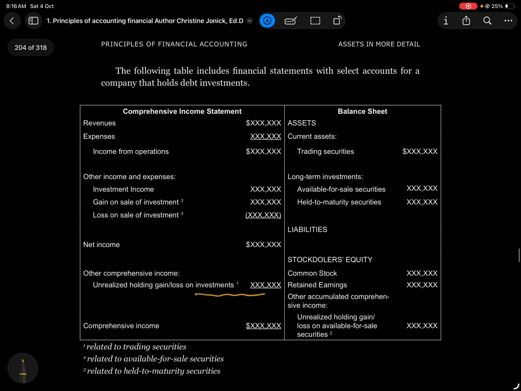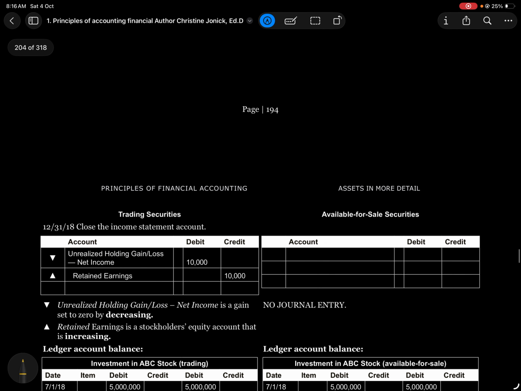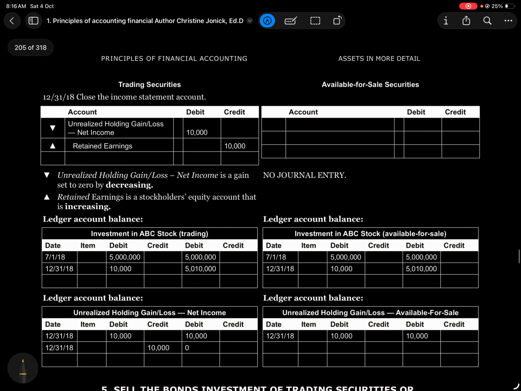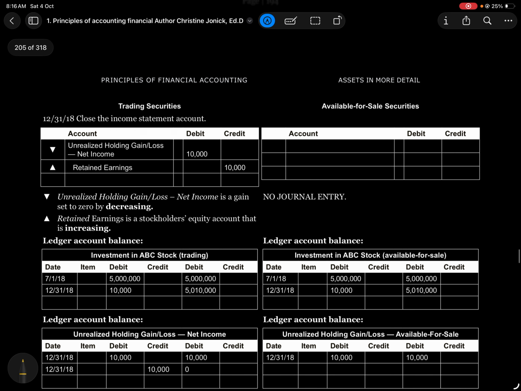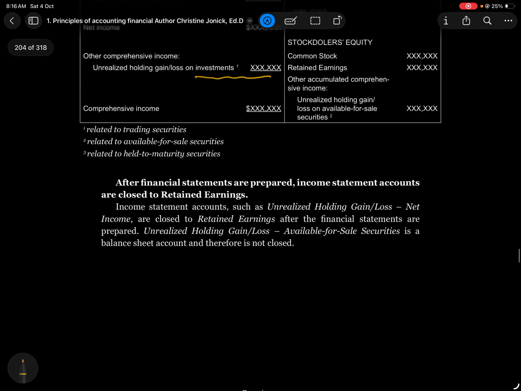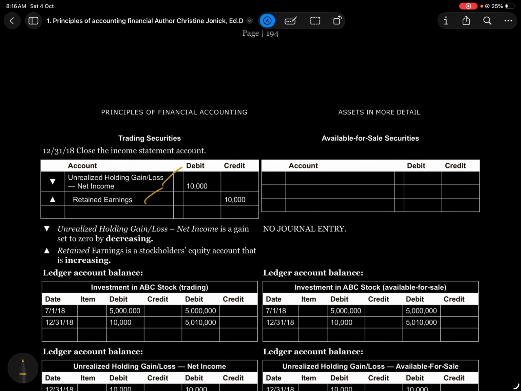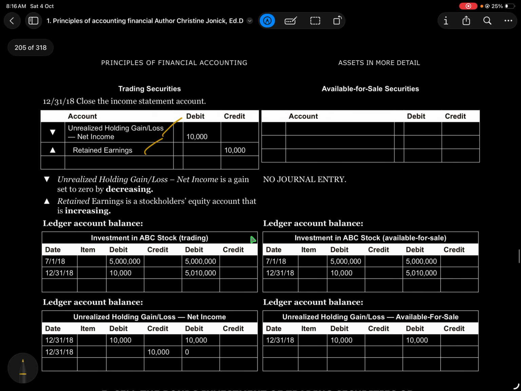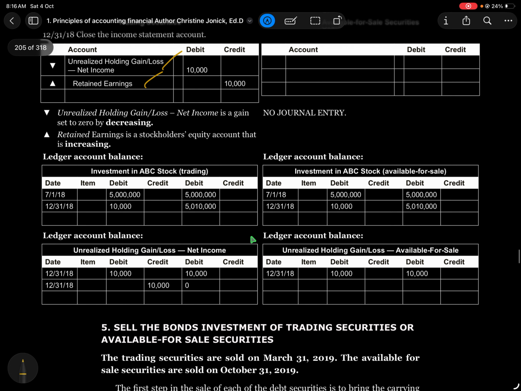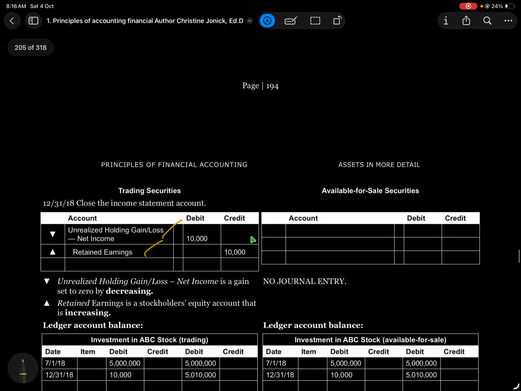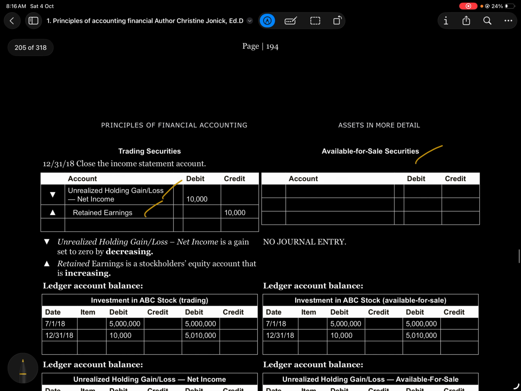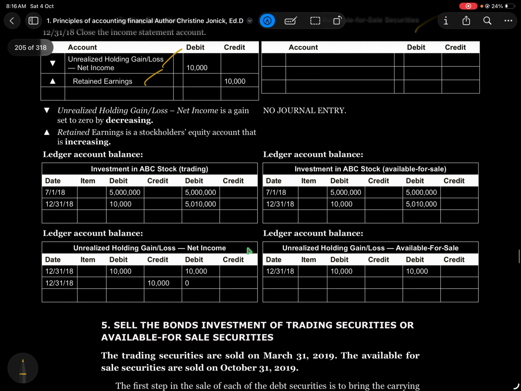So that will come over here in the other comprehensive income, as I mentioned before. So of course this will also be closed out to retained earnings later on, right? Okay. So if it is available for sale, in that scenario, we would not recognize it immediately, right? It just depends on the type of it as well.